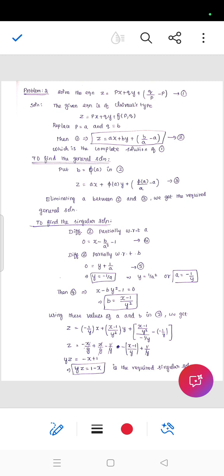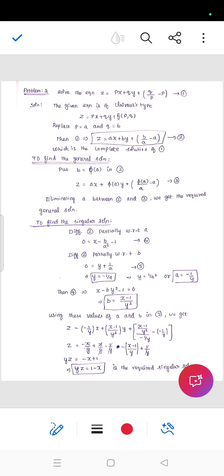Then immediately it is of the Clairaut's type. So immediately we can find the complete solution by replacing p by a and q by b. So the complete solution is z equal to ax plus by plus b by a minus a. So this is our complete solution.